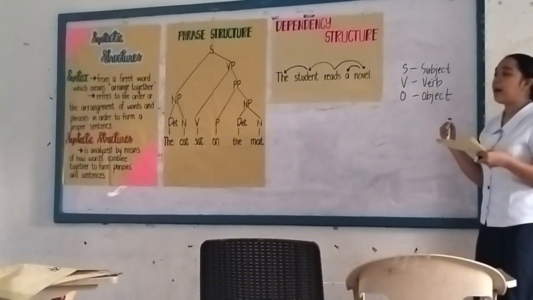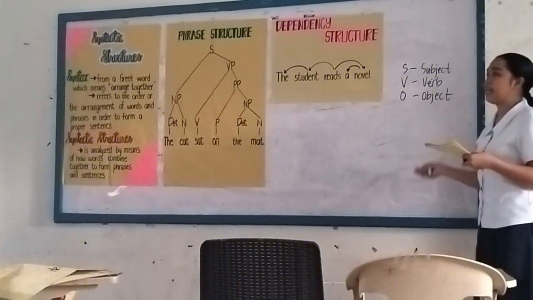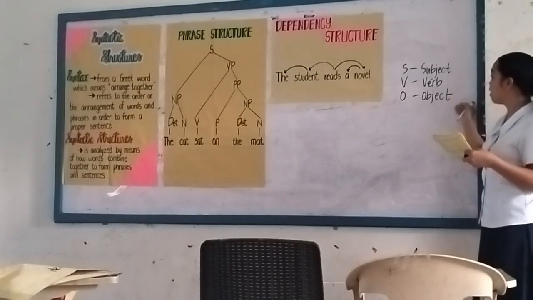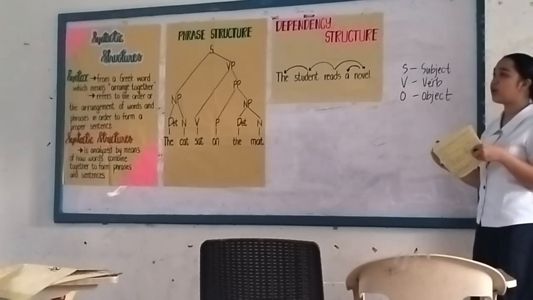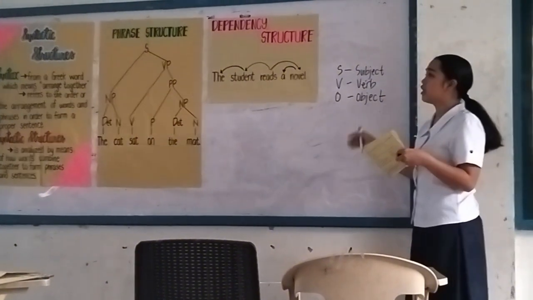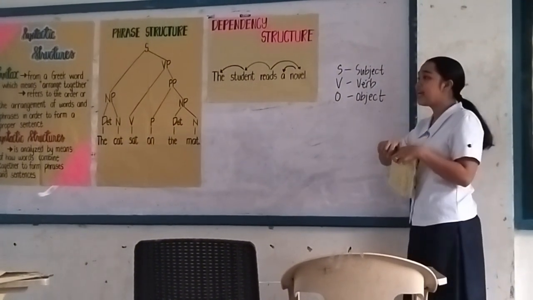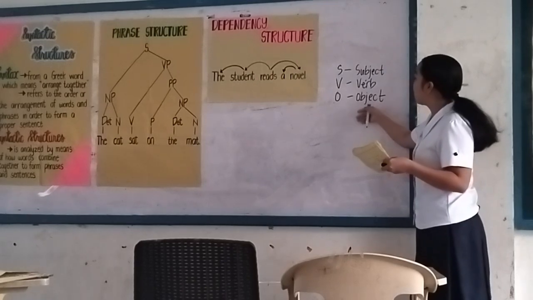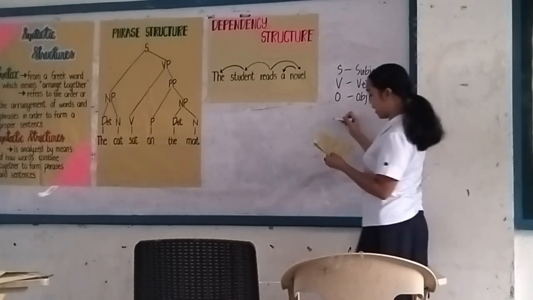Even though it does not always follow that order, for example when you formulate a question, in syntax you are required to follow it in order to form grammatically correct sentences.